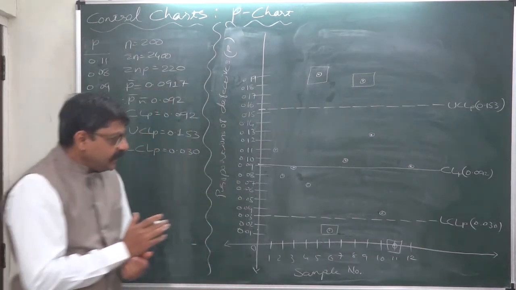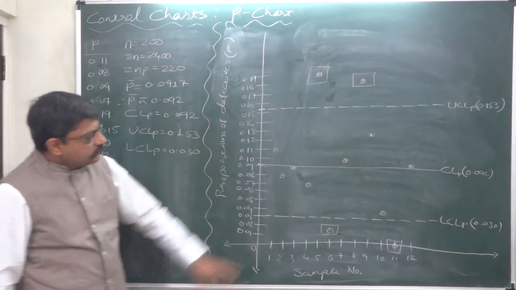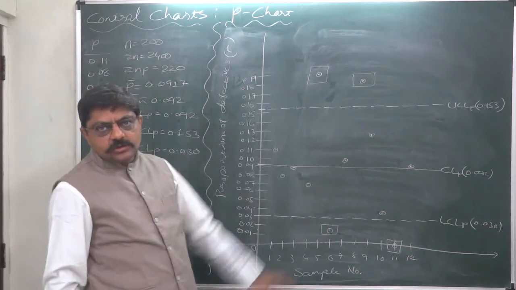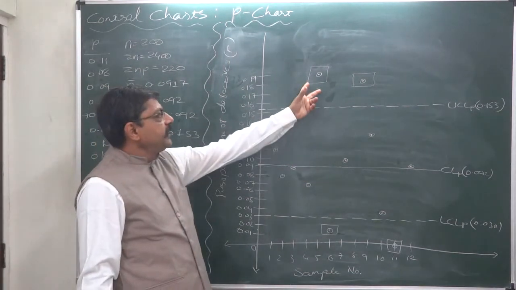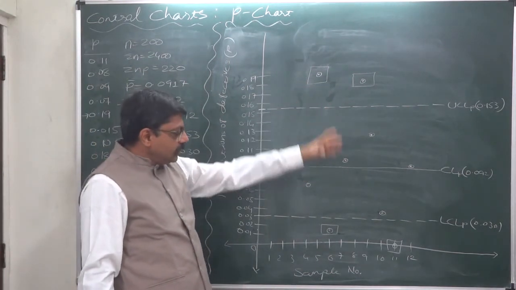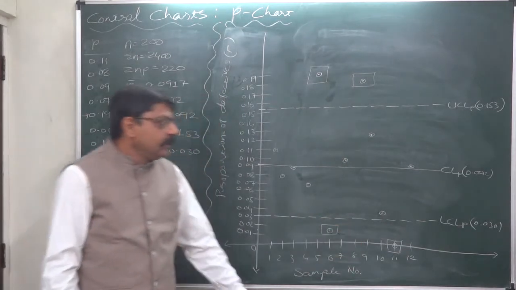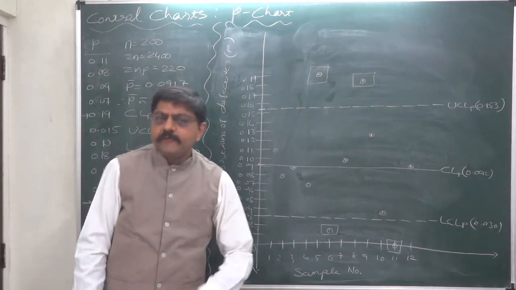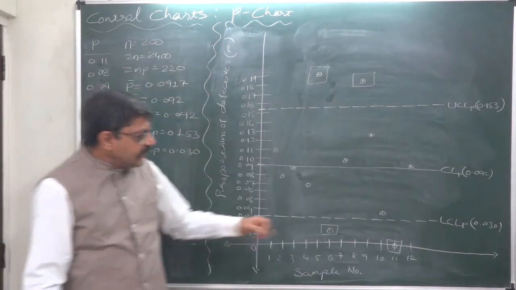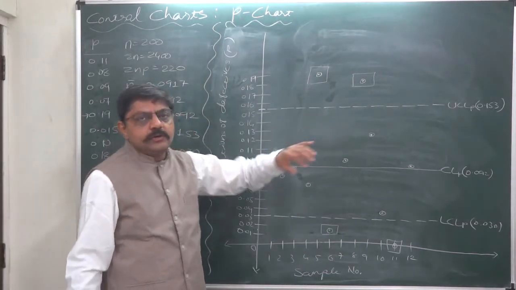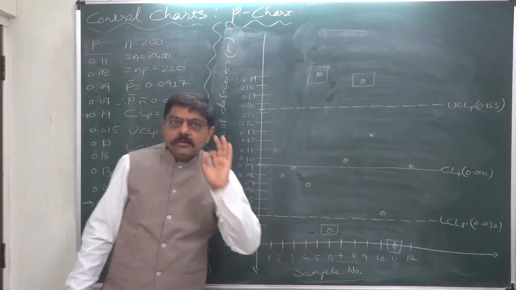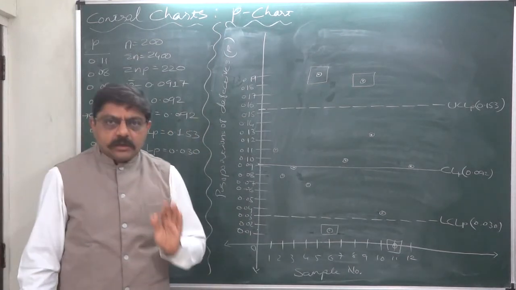So you must write your conclusion that this process is not under control because 2 sample points are above the upper control limit and 2 sample points are below the lower control limit. If only 1 sample point is either below the LCL or above the UCL, we conclude that the process is not under control.